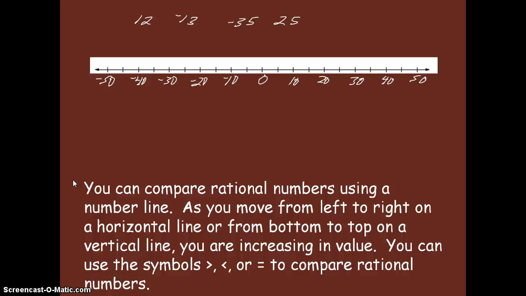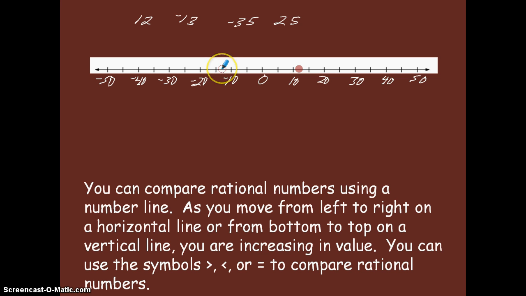Okay, assuming that you went ahead and did that, I'm going to show you how you did. Let's look and see, how did you do? Well, we have positive 12 right here. Now, here we have 0. We said 5, 10, and 15. I would assume 12 would fall somewhere right around there. Negative 13: 0, negative 5, negative 10, negative 15.